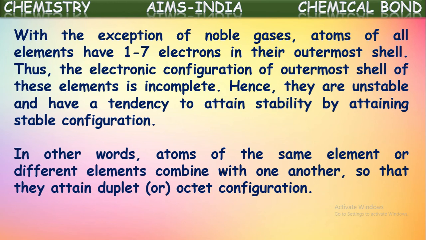In other words, atoms of the same element or different elements combine with one another so that they attain duplet or octet configuration and hence become stable. The elements which do not have octet or duplet configuration are unstable, meaning reactive, and they combine with atoms of the same element or of different elements to attain their octet or duplet configuration.